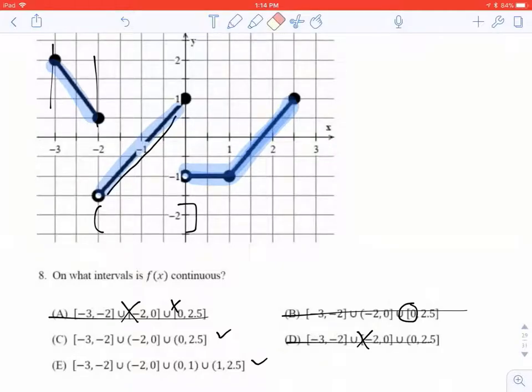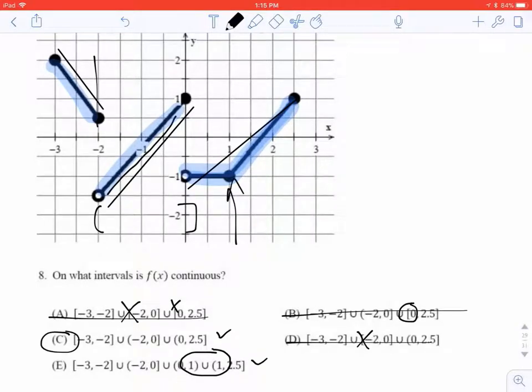Just reading C, it says it starts at -3 and goes to -2. It includes that. I agree. Then it starts at -2, doesn't include it, and goes to 0 and includes it. I agree. Starts at 0, doesn't include it, and goes to 2.5. So I'm thinking it's going to be C. E says a very similar thing, but E is breaking this into 2 different intervals, saying it's not continuous at 1, which is false. So the answer is definitely C.